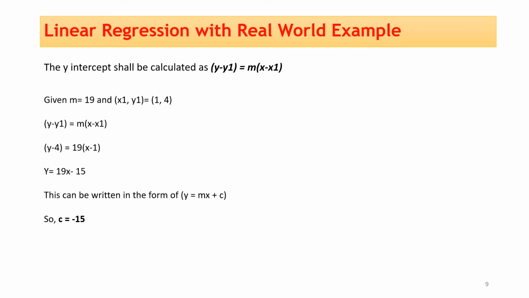So y minus 4 equals, slope is 19, so 19 into x minus 1. If we solve this equation, we will get y equals 19x minus 15. Now, if we compare this equation, y equals 19x minus 15, with the equation of our straight line, y equals mx plus c, then we get c, or the y-intercept, which is equal to minus 15.